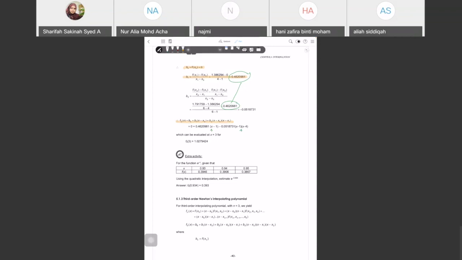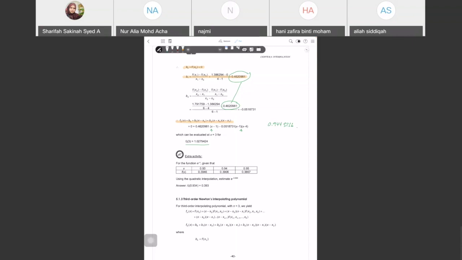Around 0.9443316. I don't know how you did your calculation just now. Some of your friends shared the answer with me, around 0.94336. But actually from my book, I get the answer 1.02, which is quite near the real value.